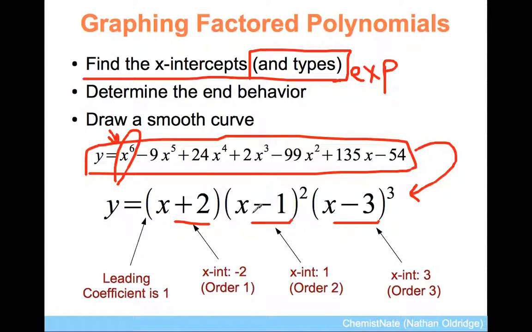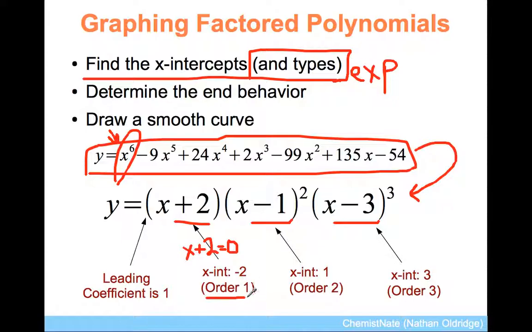If you're wondering why we flip the signs, it's simply because we're setting each of these terms individually equal to 0 and solving for x. By solving x plus 2 equals 0, we move the 2 to the other side and we get an x-intercept of negative 2. Here the x-intercepts will be positive 1 and positive 3.